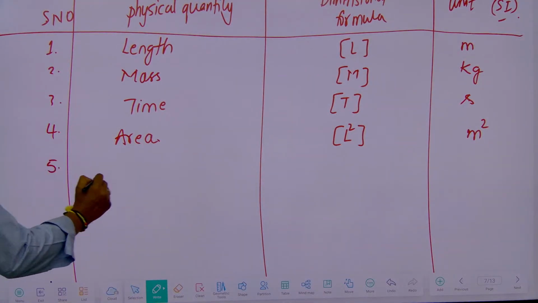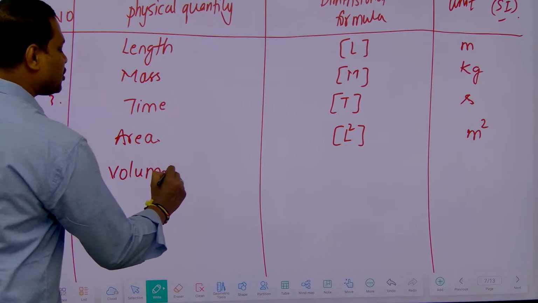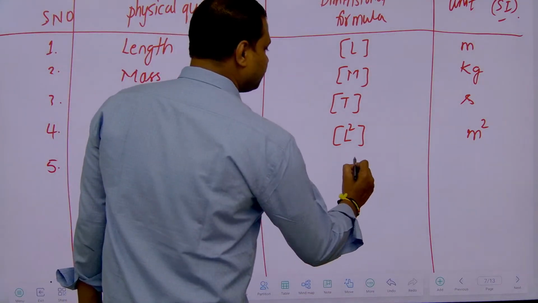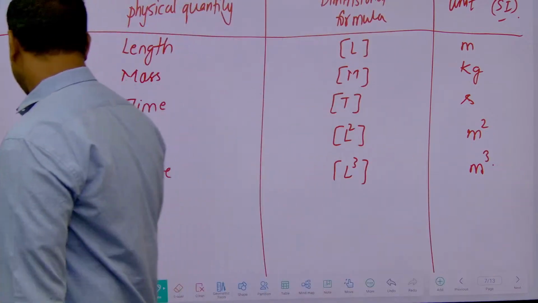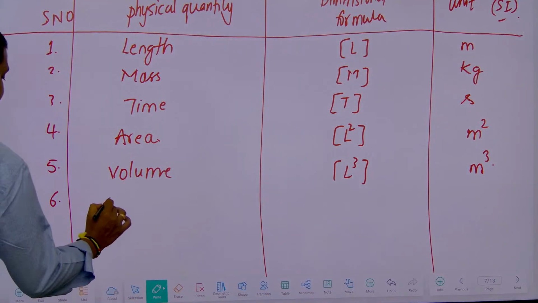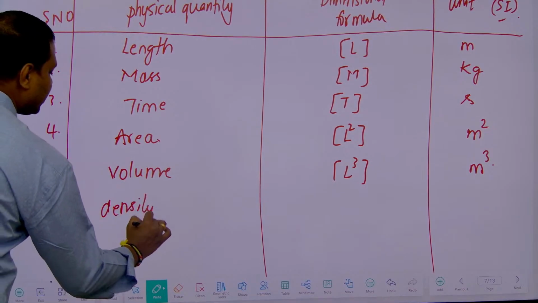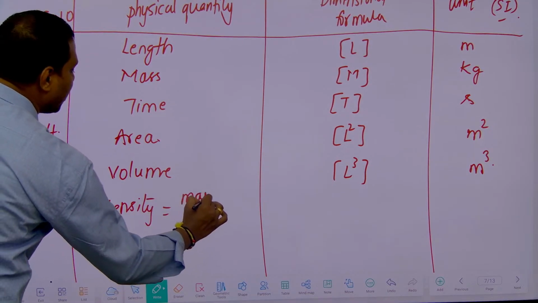Then volume: the dimensional formula is L cube, and the unit is meter cube. Then density. The formula for density is mass by volume, right?